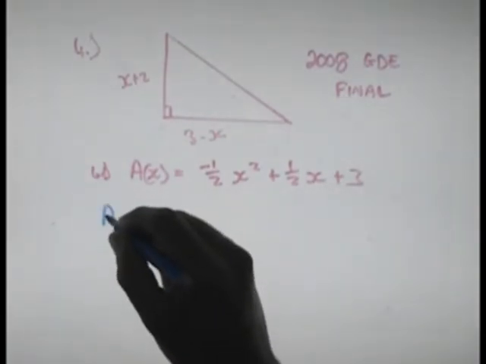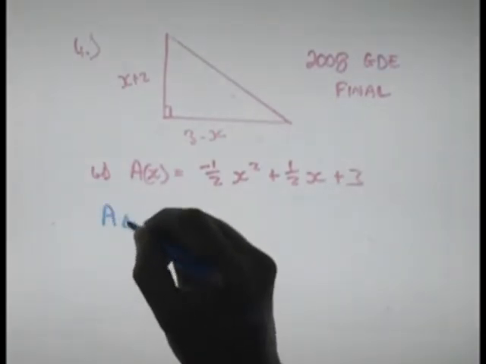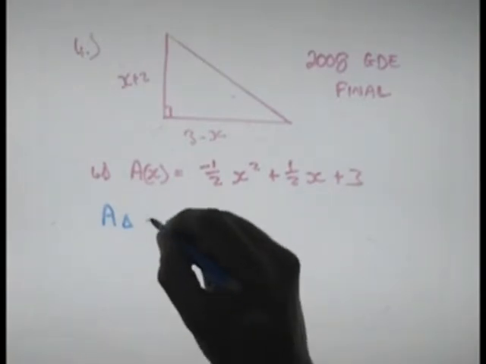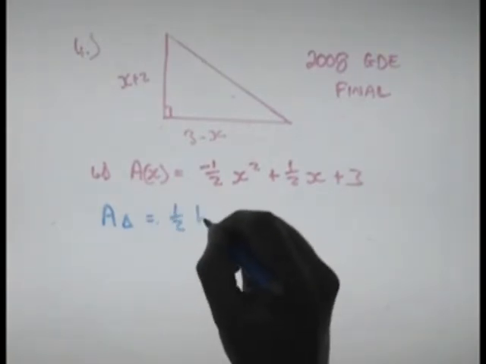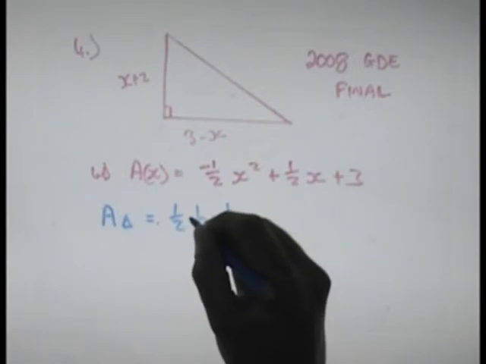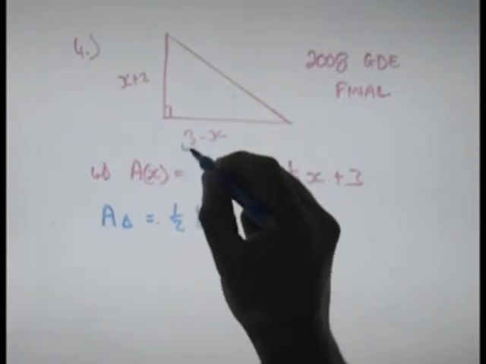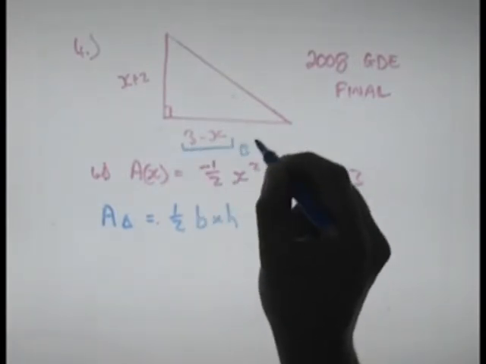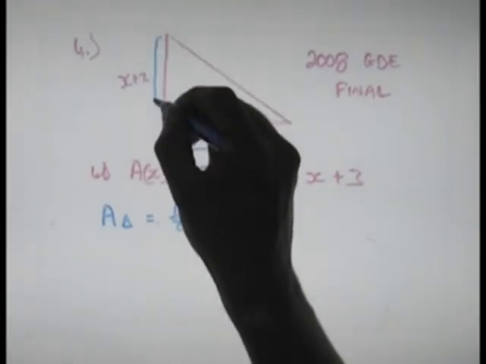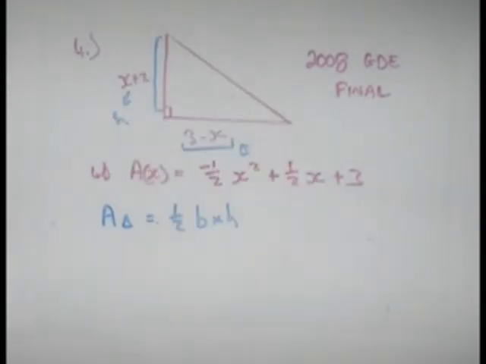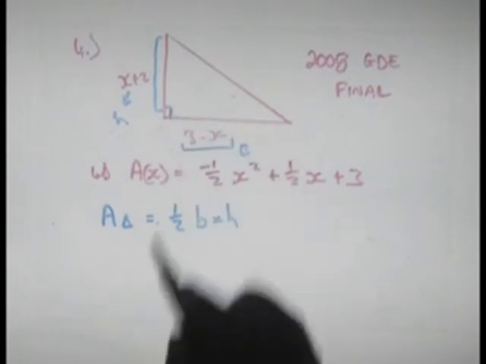I know that the area of any triangle is given by a half base times height. We can very easily say that this is the base and this here is the height because they're perpendicular.